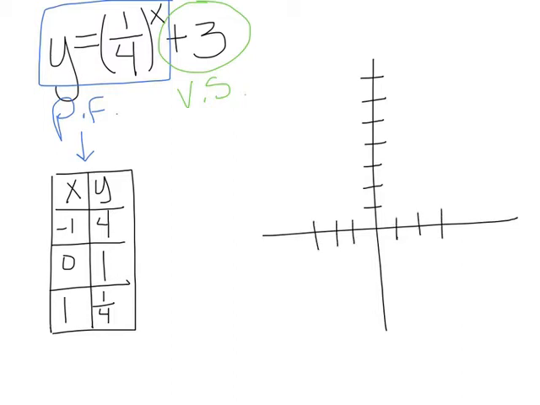We'll start with when x is -1, y is 4. Next we have when x is 0, y is 1. Then we have when x is 1, y is 1/4.